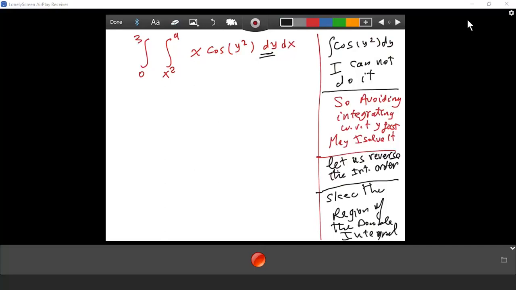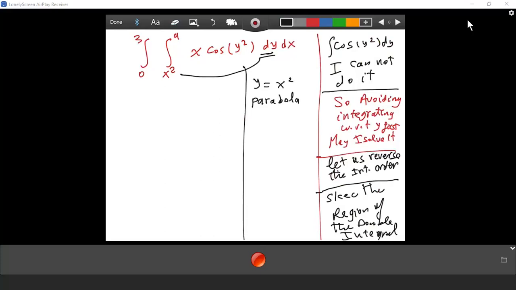How can I sketch this one? As I told you, y starts first. y equal to x squared. y equal to x squared. This is what you are going to hit first from down, right? So what is this? This is a parabola, right? Is this parabola a vertical or horizontal one? It is a vertical one, right?